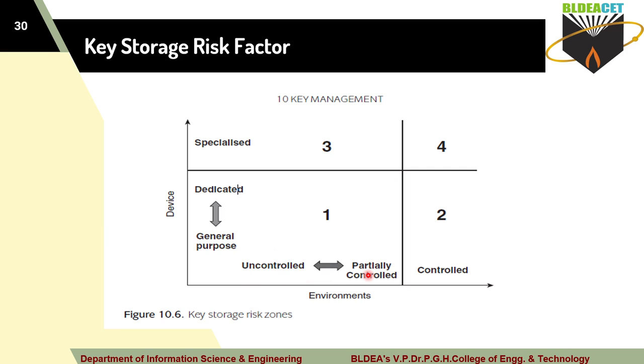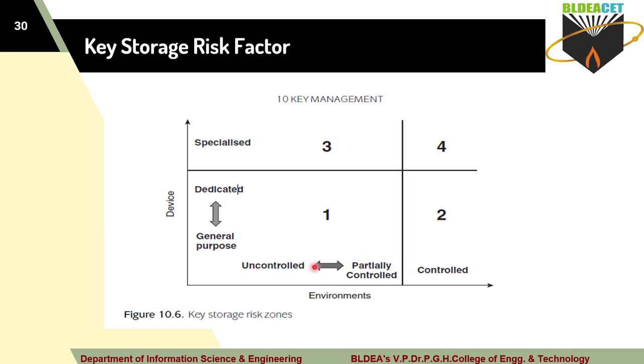Partially controlled: if I take our office or college devices or your personal PCs, those are partially controlled, as you can control them with the help of a security password. With the help of the security password, you can provide security so that those who know that security key have the authority to access.